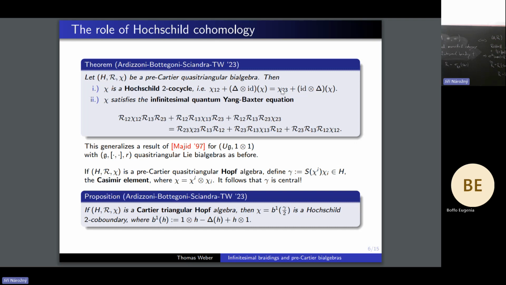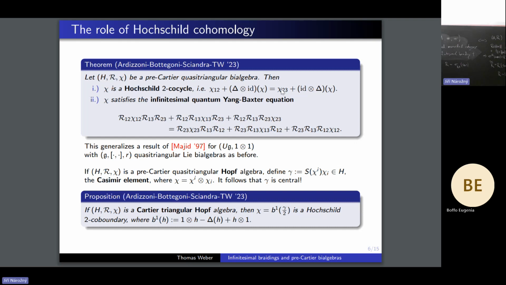In each of those terms you have 3 R's and 1 chi, and the chi is shifted through, and you show that this holds. Part of this, for the special case of the universal enveloping algebra of a quasi-triangular bialgebra, was proven by Shan: if you take the sum of R with R op, that is a 2-cocycle, proven by Shan in 1997. But of course, here we have a much more general setting. It's not just a trivial braiding, it's any braiding.